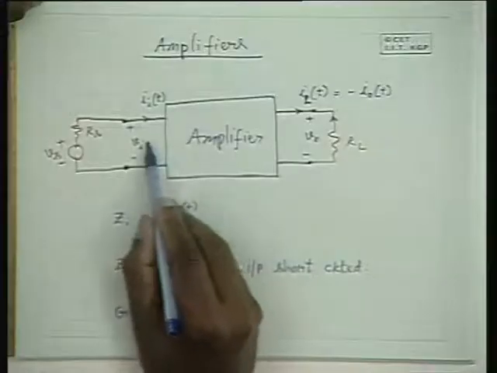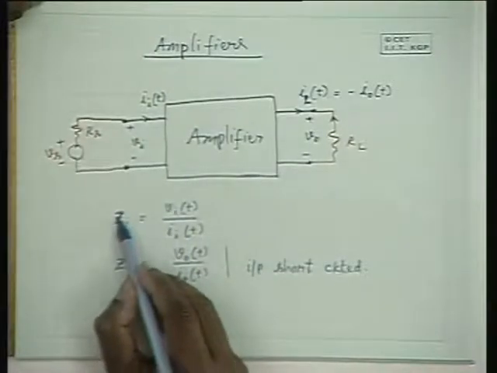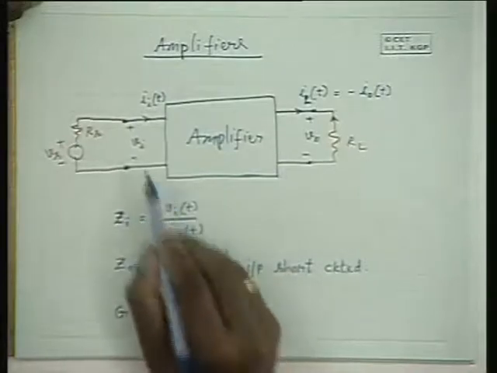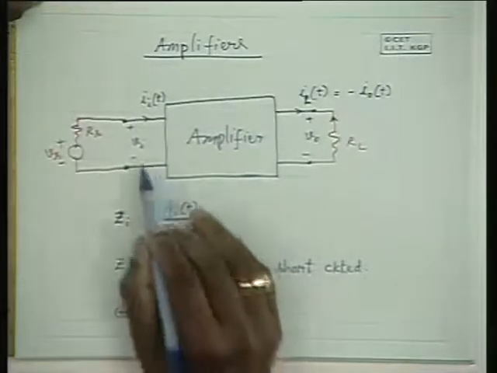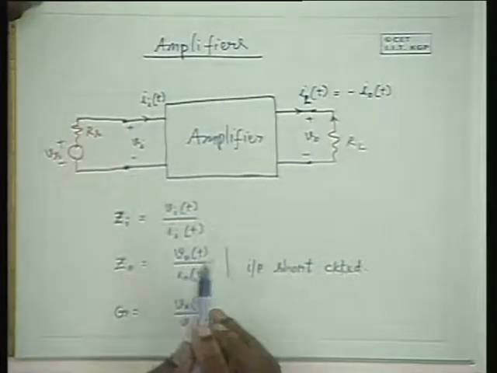The capacitances are inherent in the device itself, and some capacitors are included in the circuit, similar to the blocking capacitor. Because of this, it exhibits some impedance at the input terminal. Hence, the input impedance Zi is defined as VIT divided by the input current IIT. So that is for the input impedance.